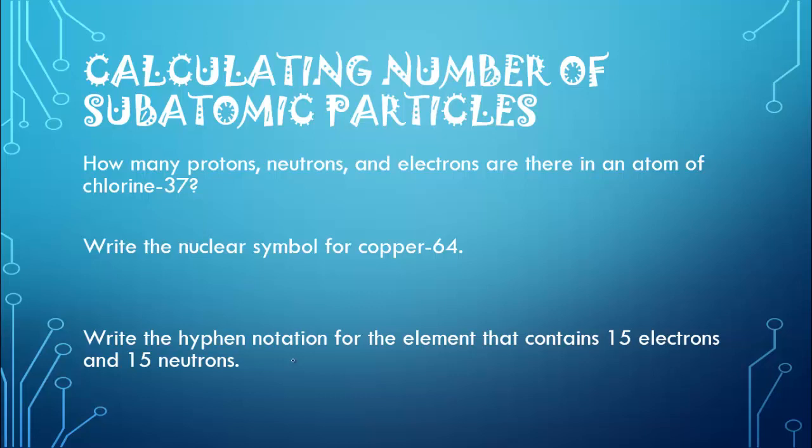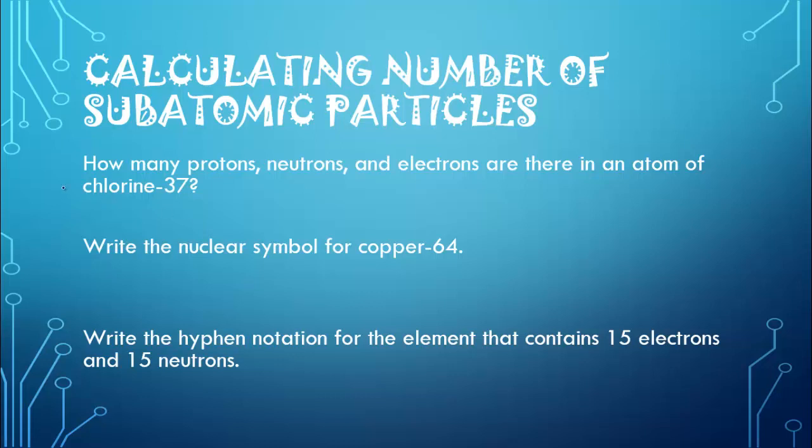If we want to know how many protons, neutrons, and electrons there are in an atom of chlorine-37, well, you can see we have hyphen notation there. So what we'll first have to do is look up chlorine on our periodic table. Have you found it yet? Still looking? Well, chlorine, if you haven't found it, is atomic number 17.